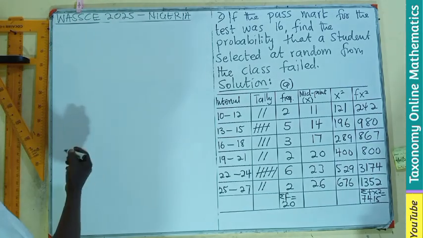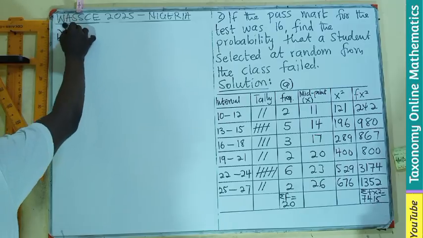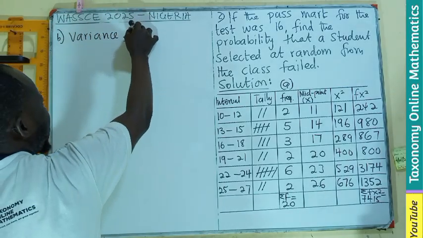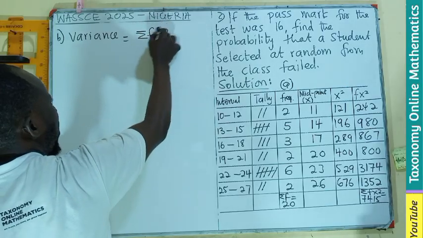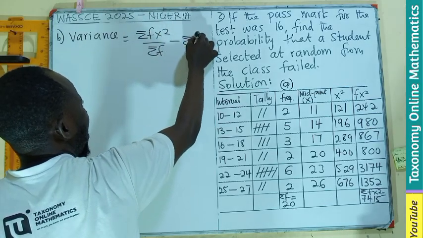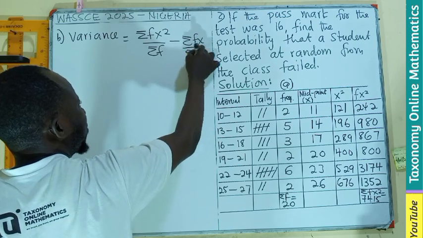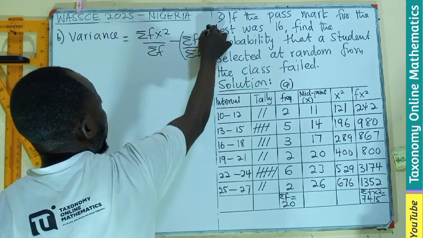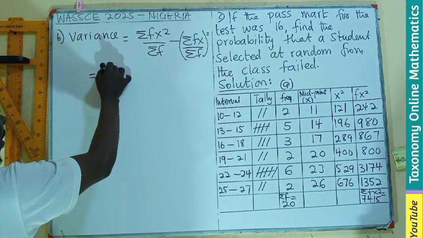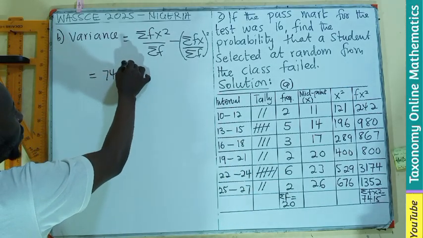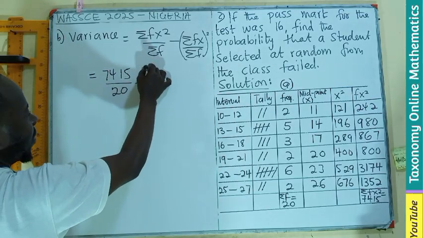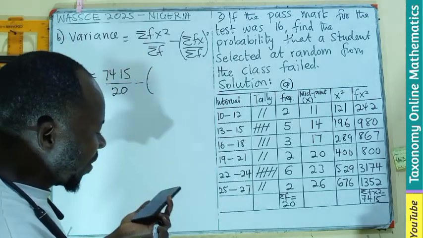From here, let's pick part B. Variance equals sigma fx squared divided by sigma f, minus sigma fx divided by sigma f, all squared. So we go to the corner, which is 7415 divided by sigma f, which is 20, minus sigma fx squared.